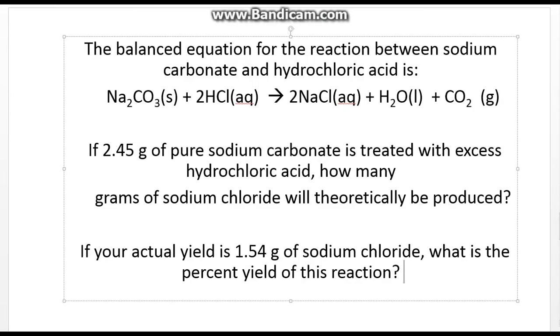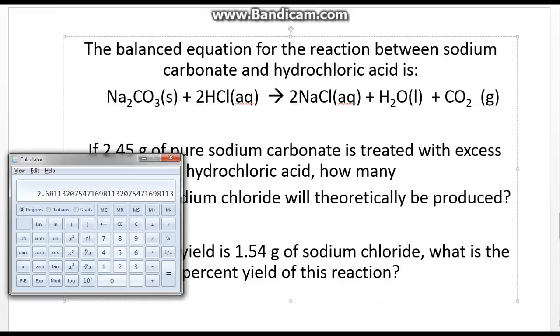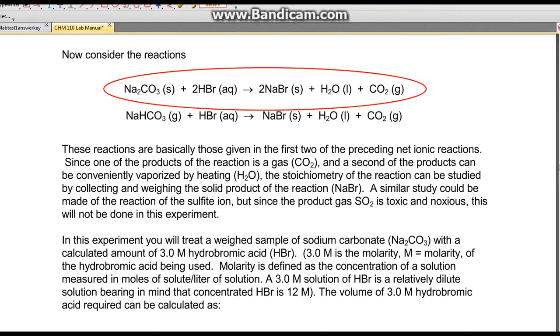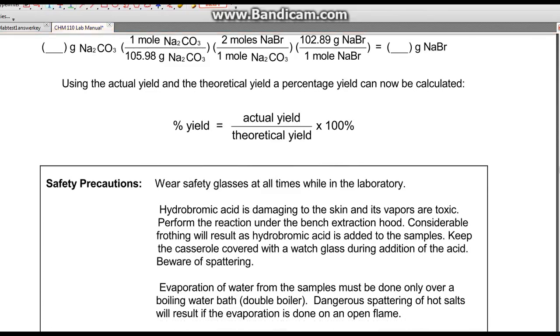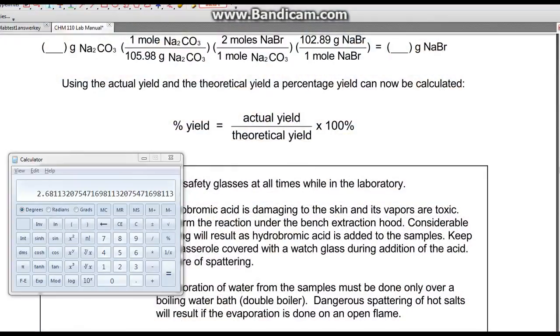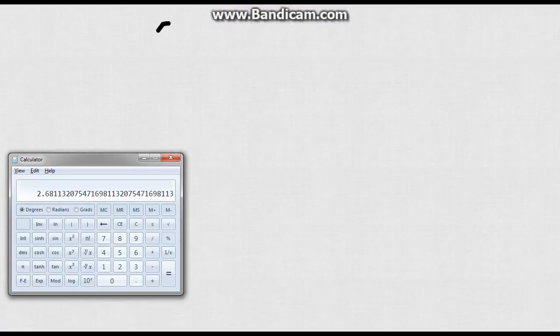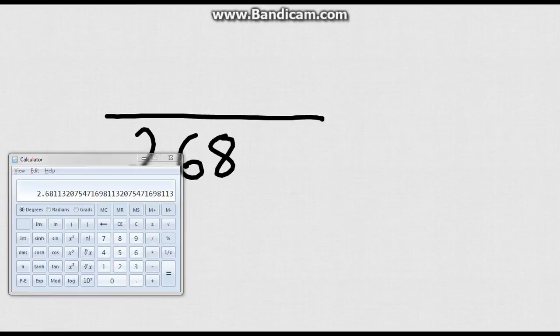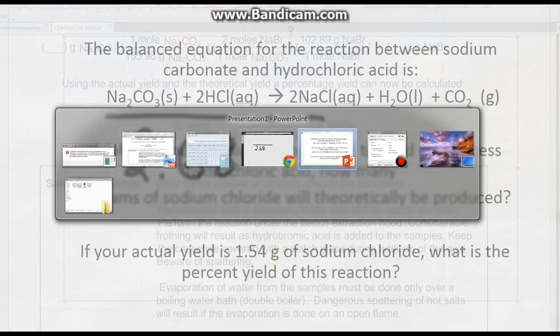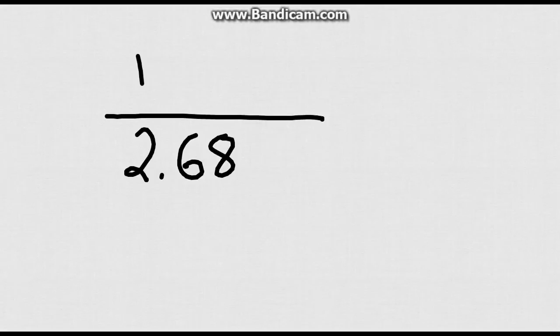And so now it's saying if our actual yield is 1.54, then what is our percent yield? So if we go to our lab manual, we have that percent yield is actual yield over theoretical yield. Well, we just found our theoretical yield, so that is going to just be 2.68 on the bottom, that's our theoretical, and our actual, we were told, was 1.54.